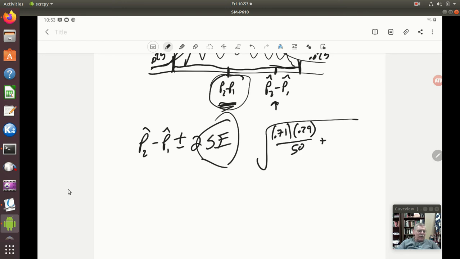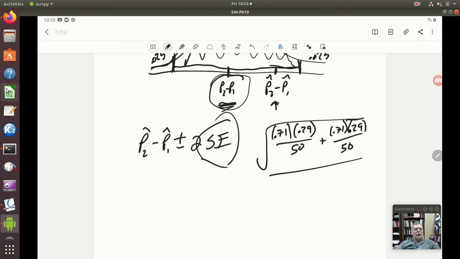And now, because these had the same numbers, these look the same, 0.71, 0.29 over 50. But we're going to use the pooled estimate to do this standard error. Okay, and so when we do that, we'll get our standard error.